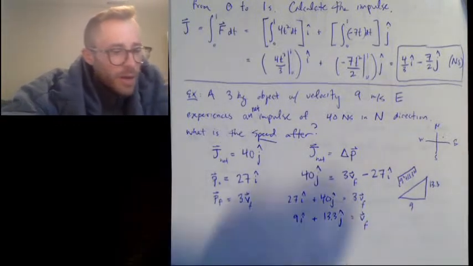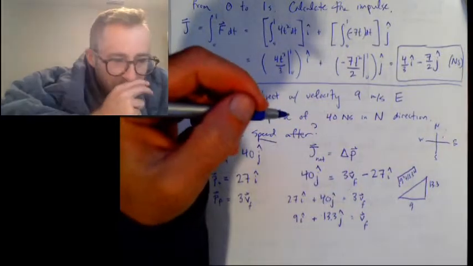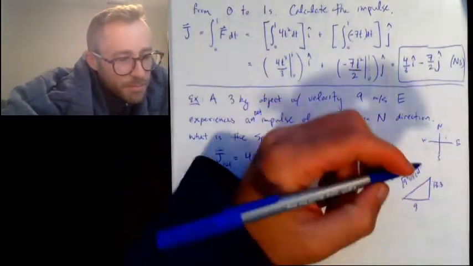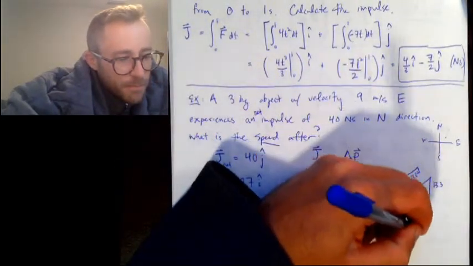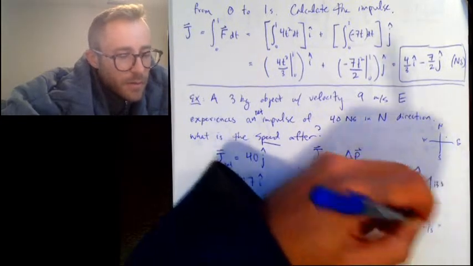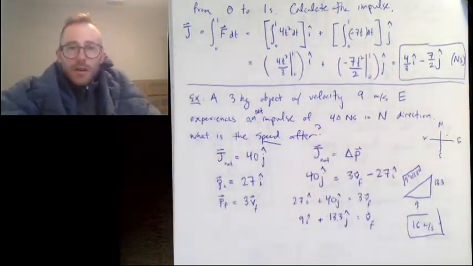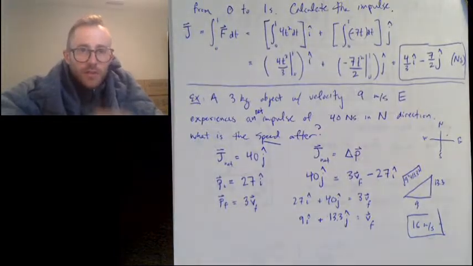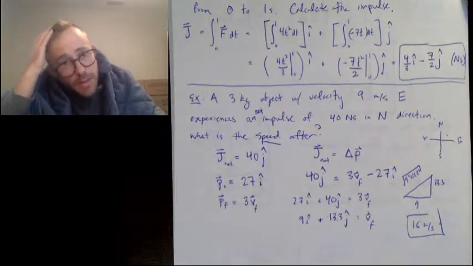And we get right about 16 meters per second as our final speed. So that's a great example of an impulse problem.